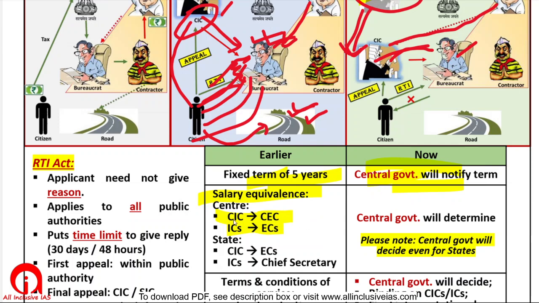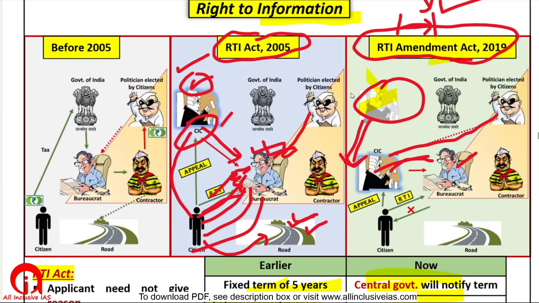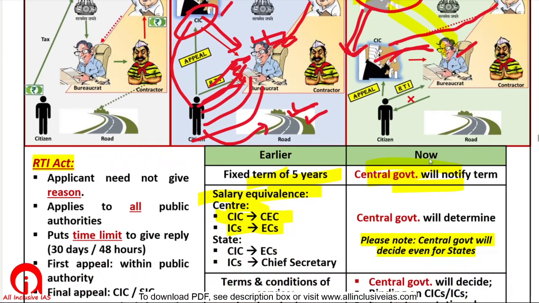Earlier they had similar salaries, so the stature of the CIC was equivalent to the CEC of India. That is why people used to listen to him. Now it is the central government that will determine this. Interestingly, even for state election commissions, it is the central government that will determine.